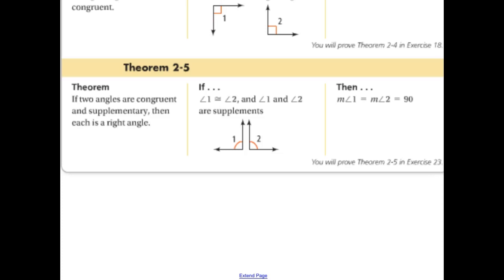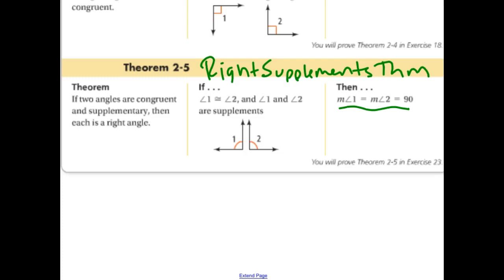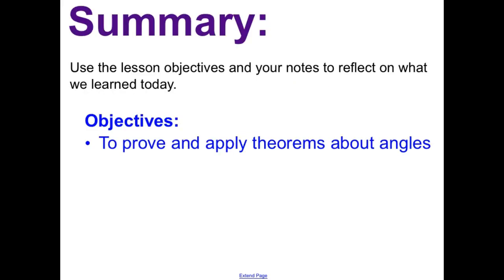It says if angle 1 is congruent to angle 2 and angles 1 and 2 are supplements, well then they're both right angles. We call this the right supplements theorem. That one's also a big deal. Some common sense theorems. All right, and that is the end of lesson 2-6 of geometry.